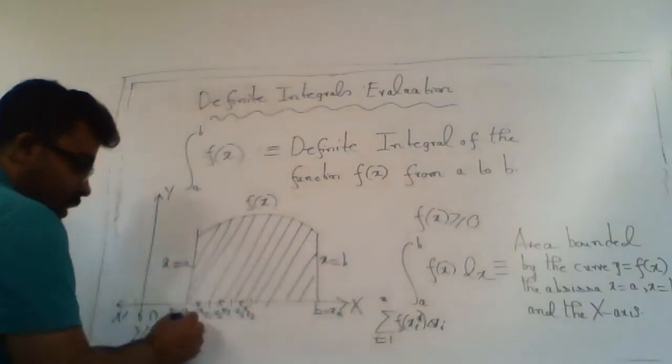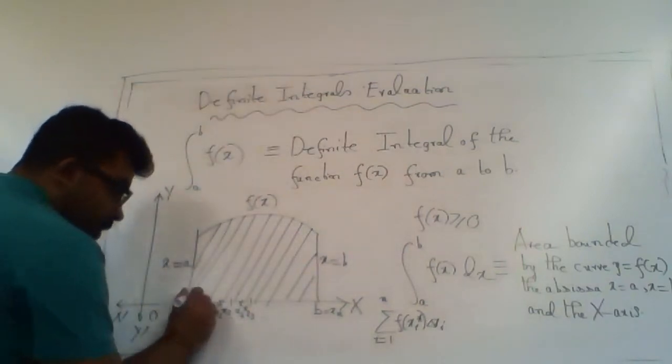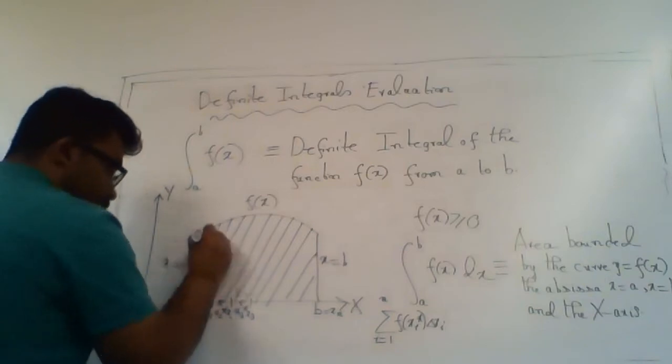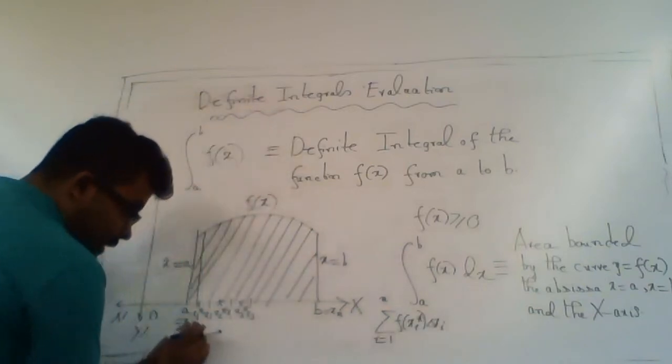So you multiply the value at this point with the width delta xi, that is this length.